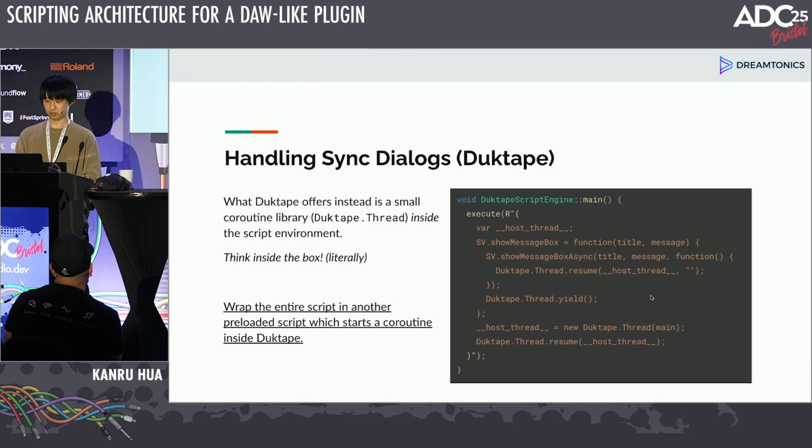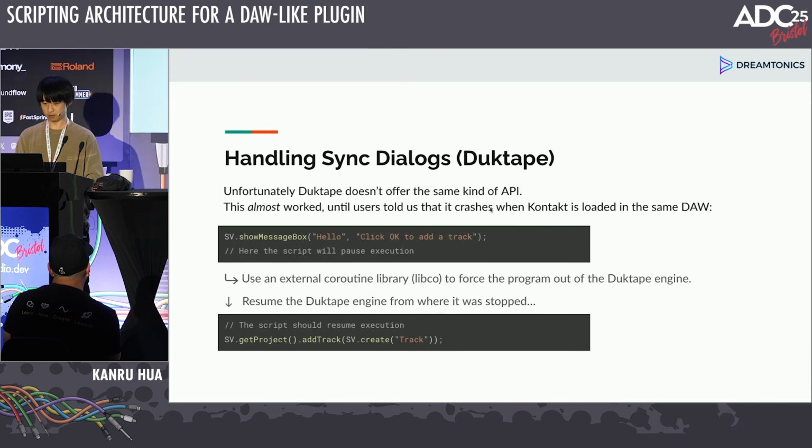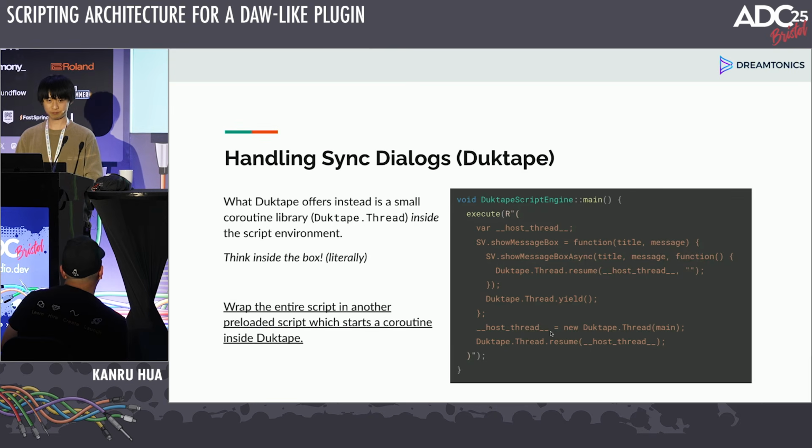So we got the script engine to preload this wrapper, so the actual script code is wrapped inside main and inside this Duktape thread. In this case, you don't have to leave the script engine. You just have to use the built-in coroutine library to get the exact same outcome: pause the script execution when it needs to pause and resume it when the user clicks OK.